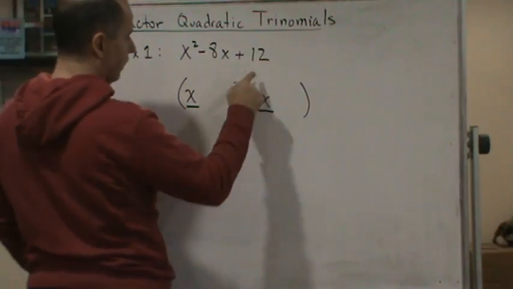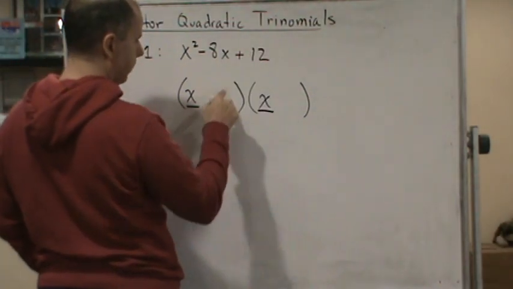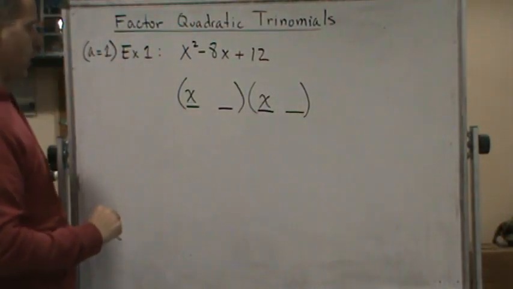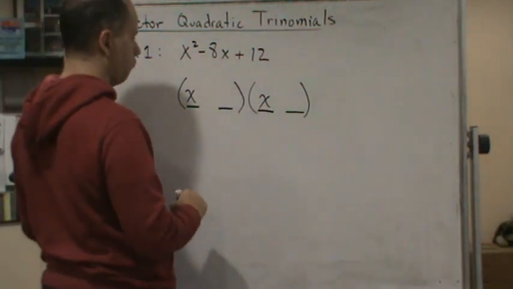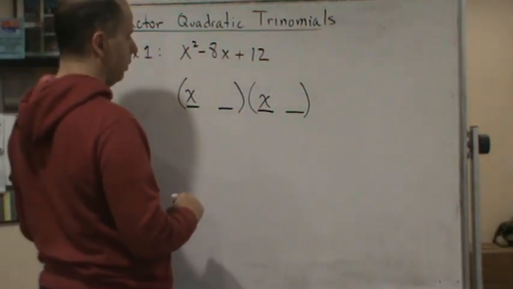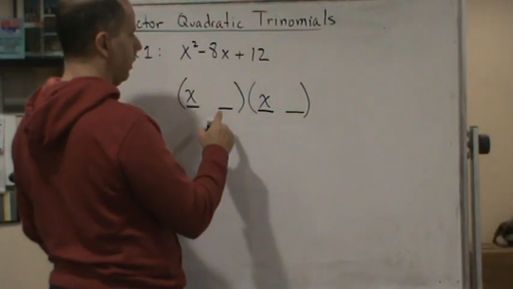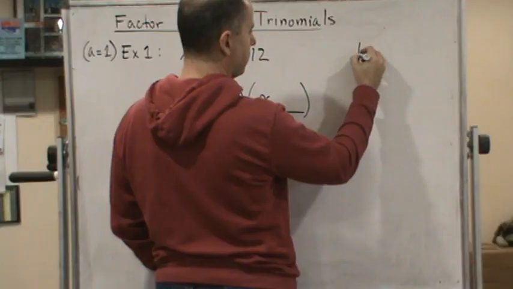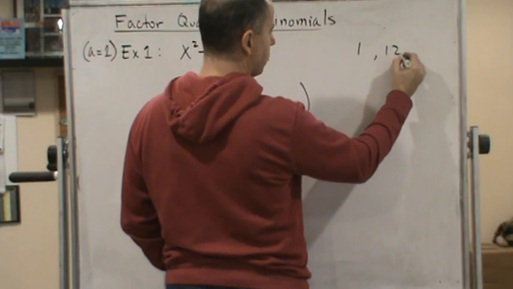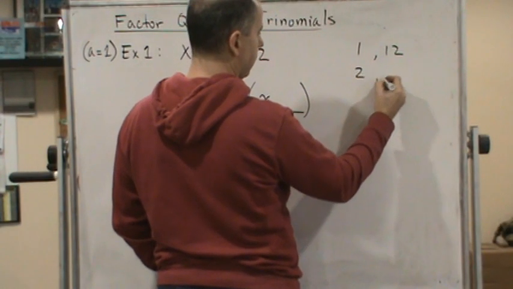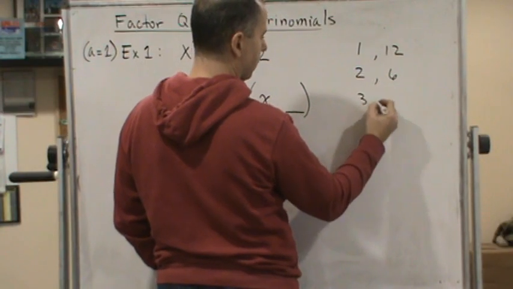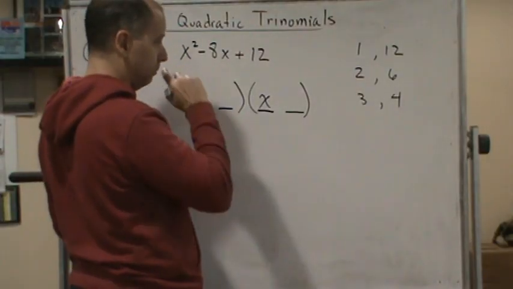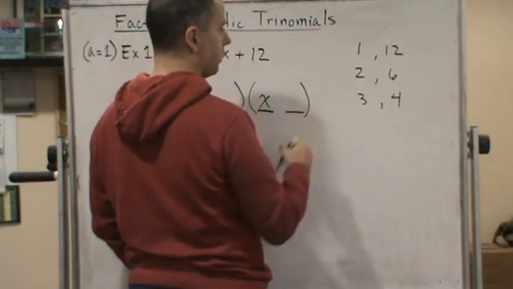And then the last term gives us the last two terms in here, right? So what are the different values? Well, we've got all the different factors of 12. So 1 and 12, 2 and 6, 3 and 4, and of course these can be switched.